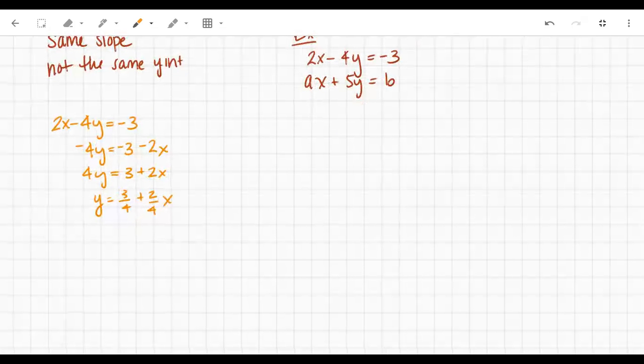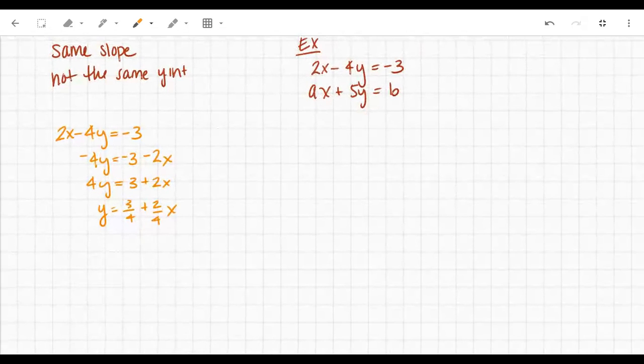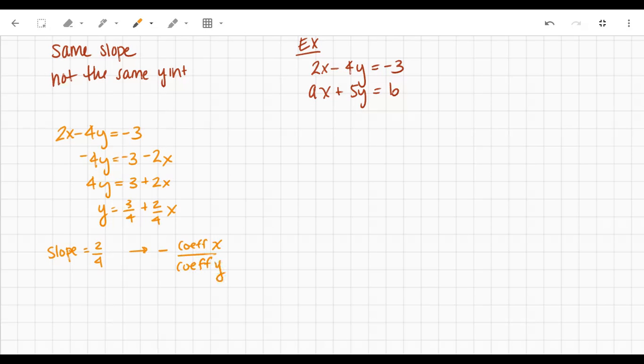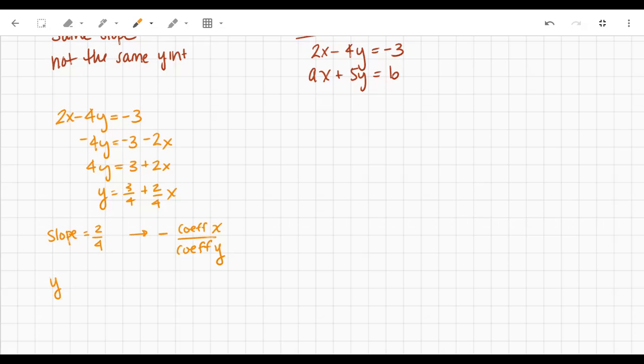I'm going to simplify it. But notice that the slope is 2/4, and again, that's negative coefficient of x over coefficient of y. And my y-intercept is 3/4, and that's always going to be that constant term over the coefficient of y.